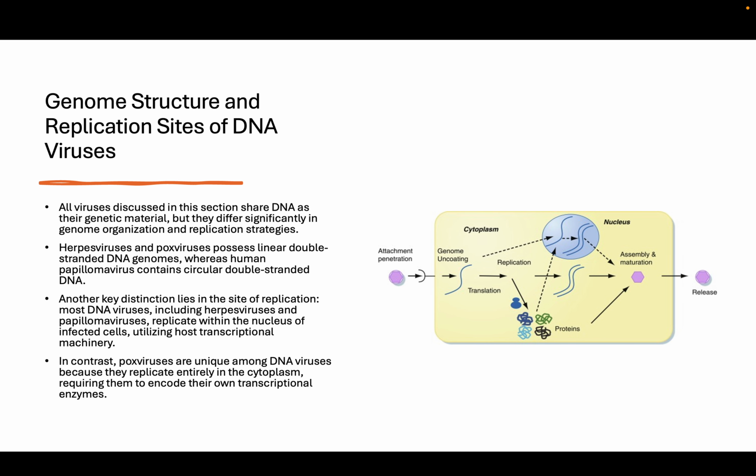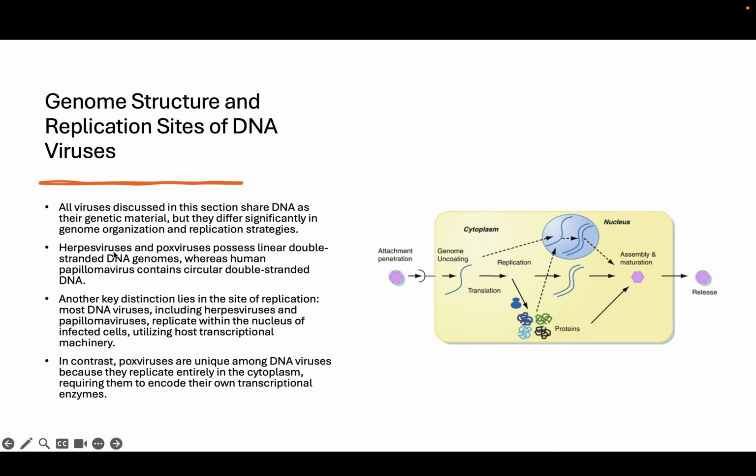Let's first of all talk in general about DNA viruses. As we said, they all share the same genetic material, which is DNA, but there are small differences. This could be in their organization and replication strategies. With their organization, it all depends on whether the DNA is linear or circular.